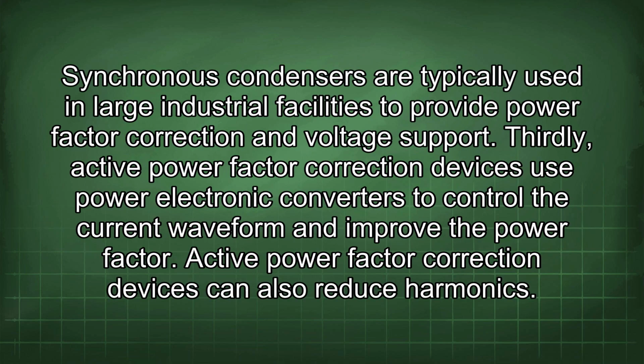Synchronous condensers are typically used in large industrial facilities to provide power factor correction and voltage support. Thirdly, active power factor correction devices use power electronic converters to control the current waveform and improve the power factor. Active power factor correction devices can also reduce harmonics.